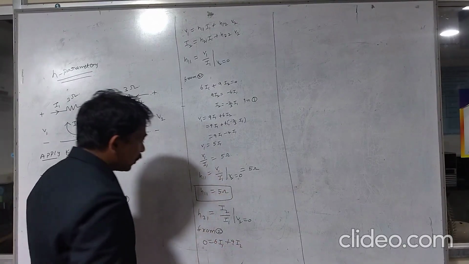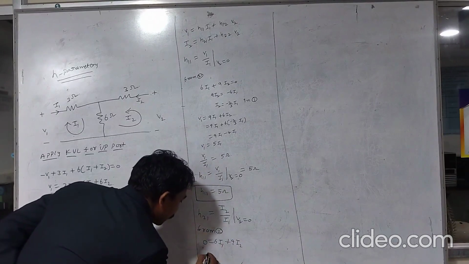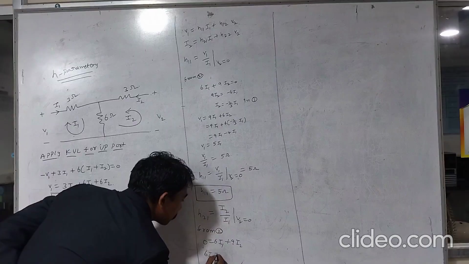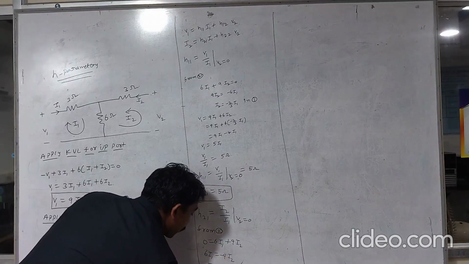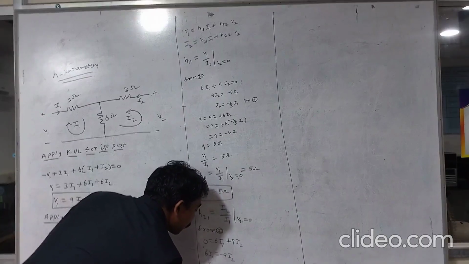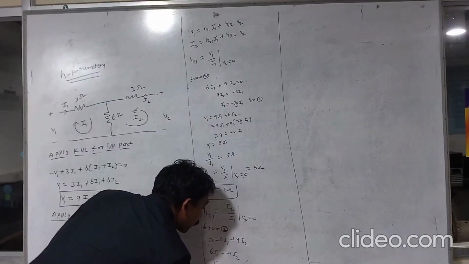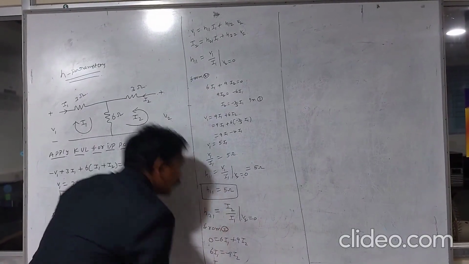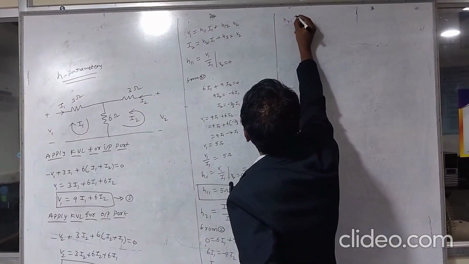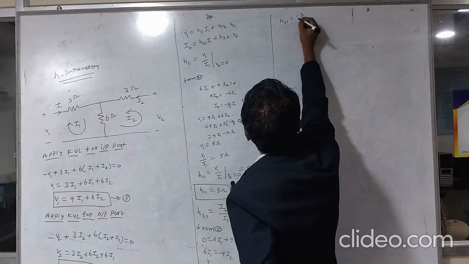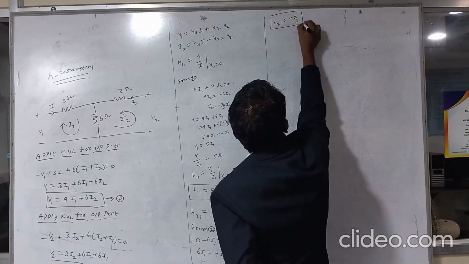So we require here the ratio between I2 and I1, right? I2 by I1 equal to minus 2 by 3. So H21 equal to minus 2 by 3. Clear?